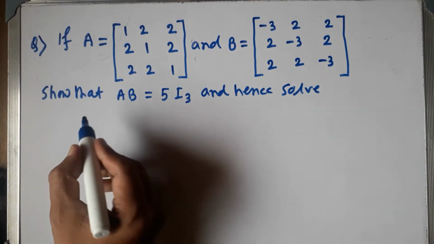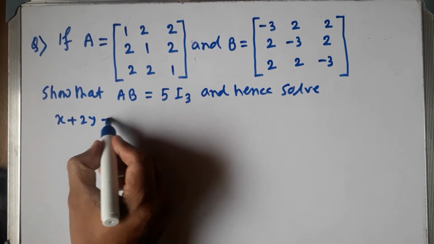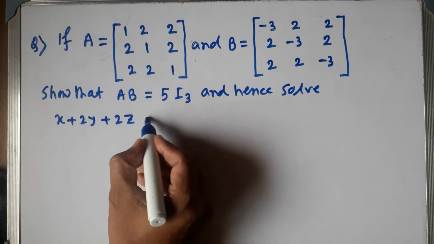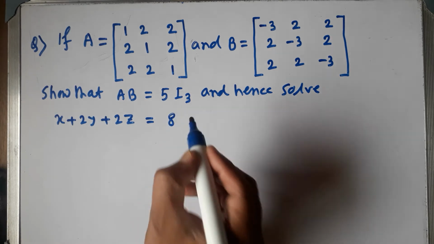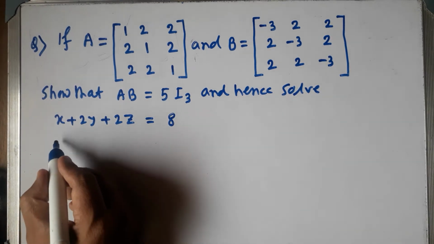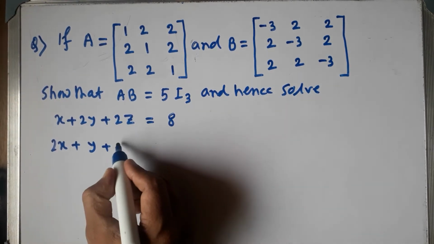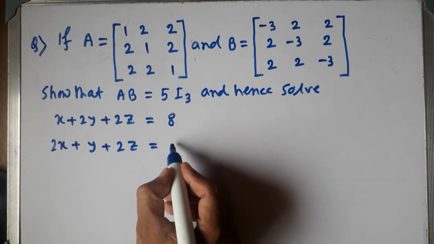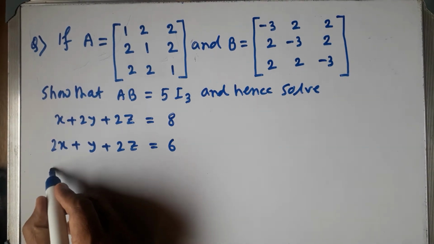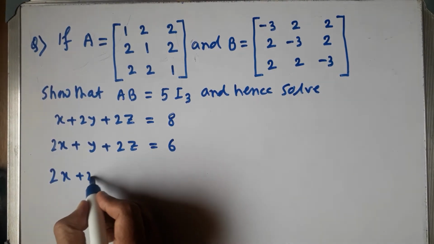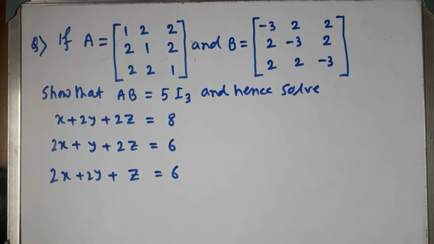this system of equations: x plus 2y plus 2z is equal to 8, 2x plus y plus 2z is equal to 6, 2x plus 2y plus z is equal to 6.